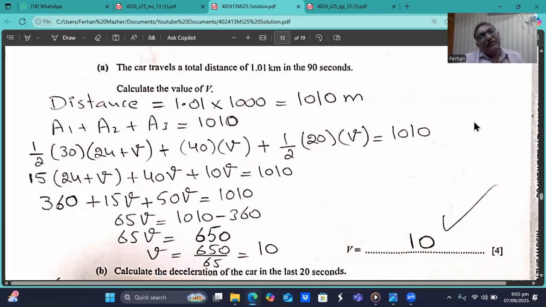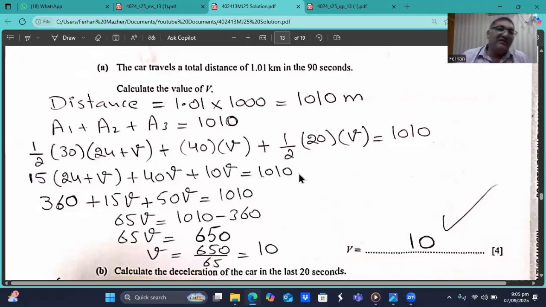The first shape was a trapezium, so it will be 1 by 2 into 30 into the sum of the parallel sides, that is 24 plus V, plus area 2, a rectangle with sides 40 into V, plus 1 by 2 into 20 into V, the area of the right angle triangle, 1 by 2 into base into height. And the sum of these equals 1010.